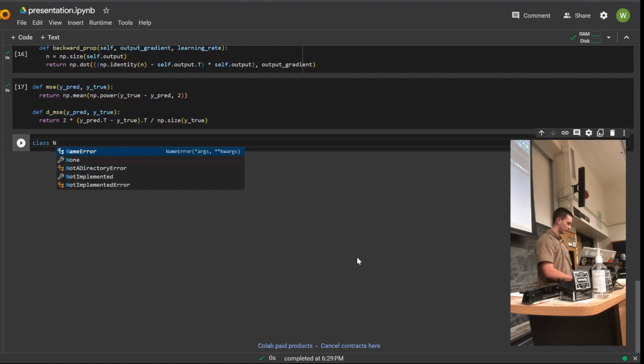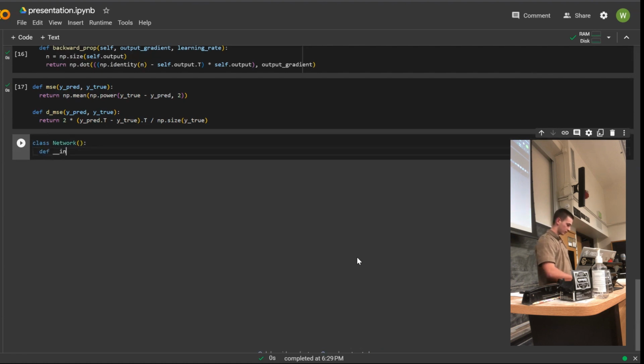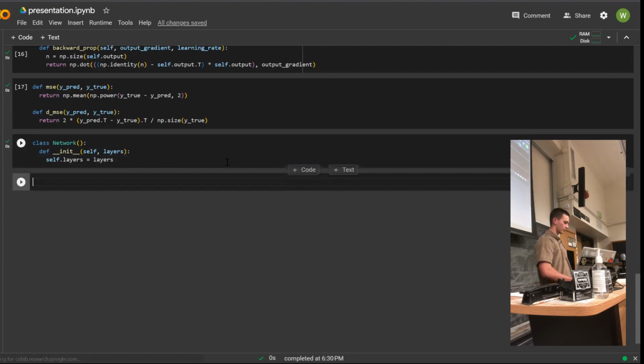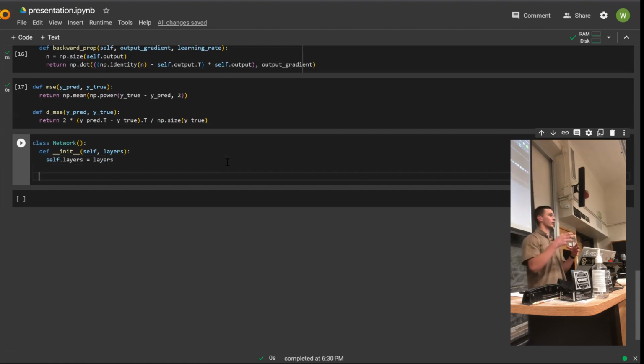So let's do that. Okay, so when we initialize our network, we're going to pass in a list of layers, right? And that describes our sequential model. And so when we forward propagate through our network, then we can just loop through these layers.